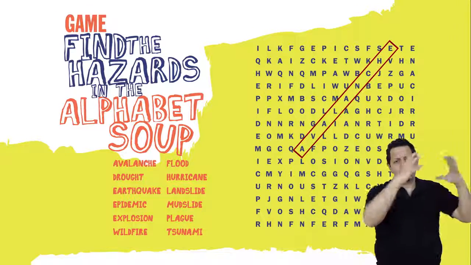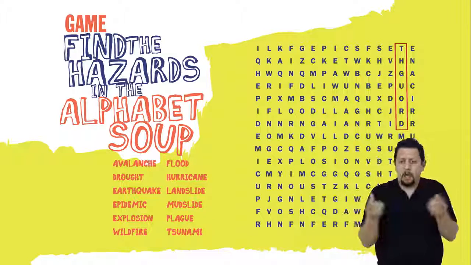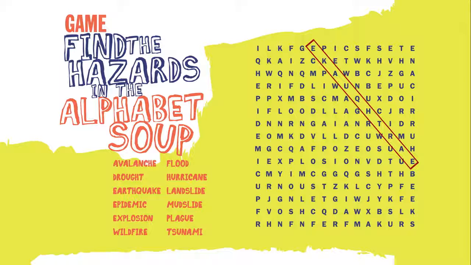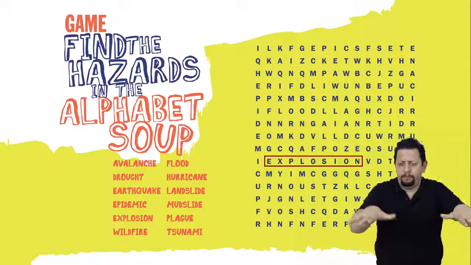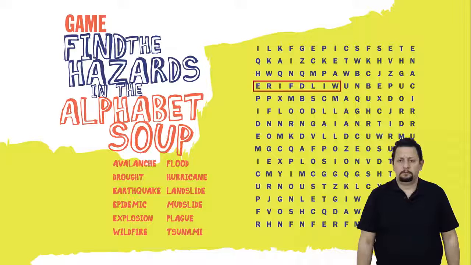Avalanche. Hidden words are circled in red. Drought. Earthquake. Epidemic. Explosion. Wildfire.